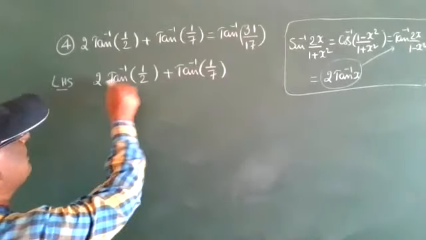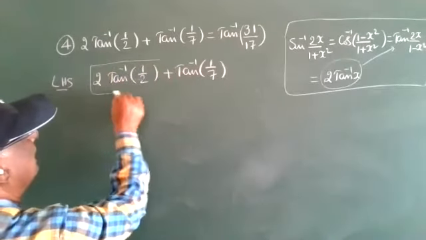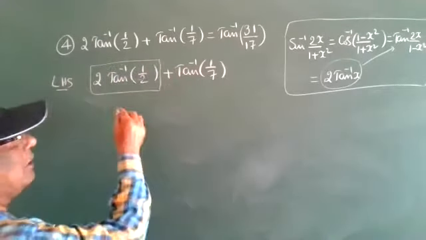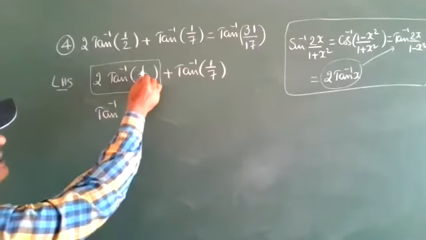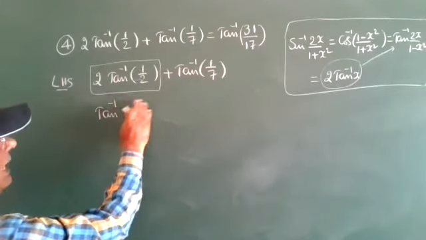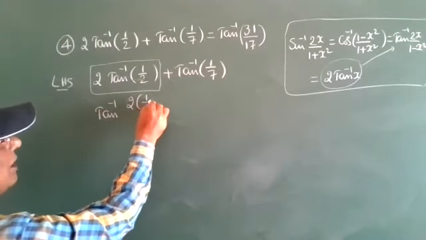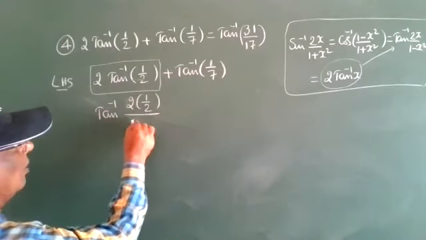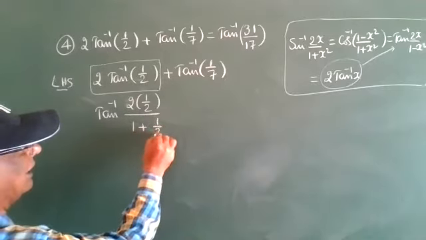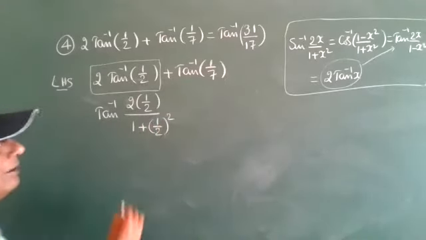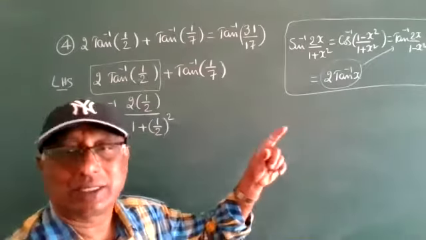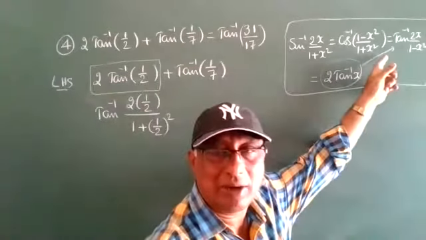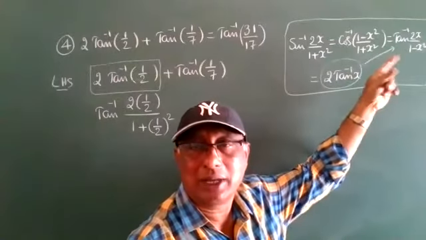Therefore, in place of 2 tan inverse x, I am going to write tan inverse of 2x by 1 minus x square, with x as 1 by 2. I write the 2 tan inverse formula: 2 tan inverse x is tan inverse of 2x by 1 minus x square.